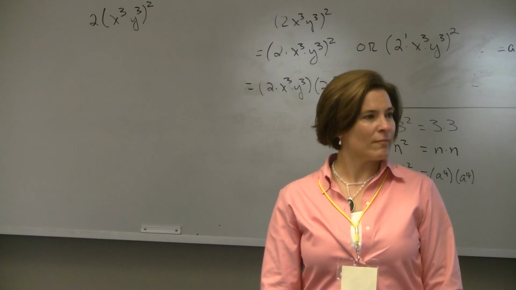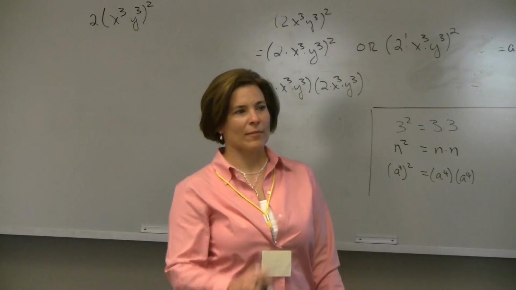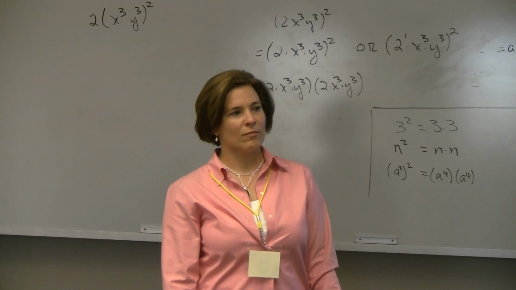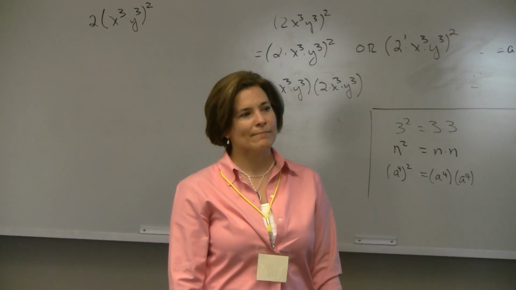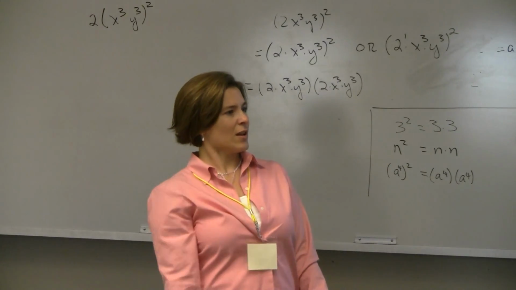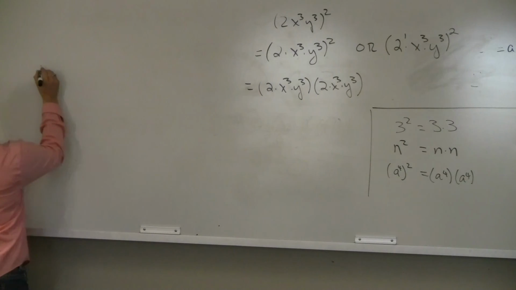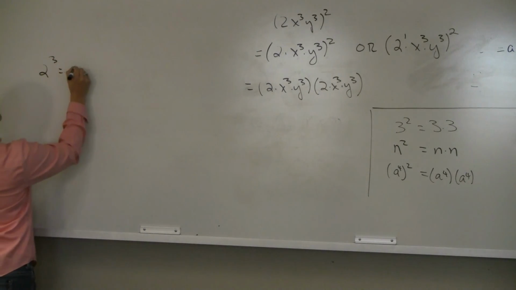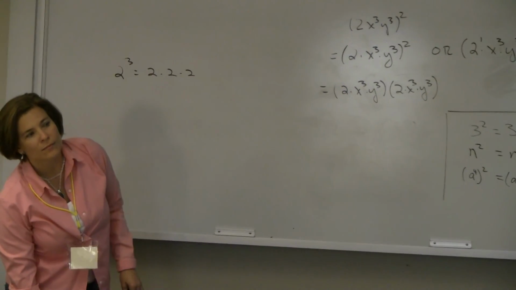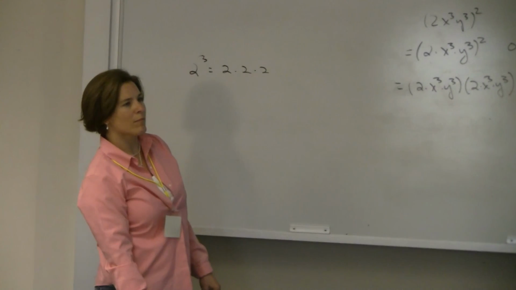So is there a way to use this to deal with the power of 0 always being equal to 1? Because that's the one I have more trouble with than anything, just trying to get them to see that power of 0 is equal to 1. How do you do that? You can use your table going backwards, dividing. Another easy example I've done, after you learn the rules, is x cubed divided by x cubed.